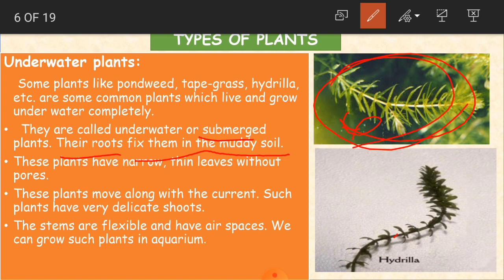But here, with underwater plants, even the roots are fixed in the muddy soil, and the plant is also in the water, not above the water. That is why we call them underwater plants.